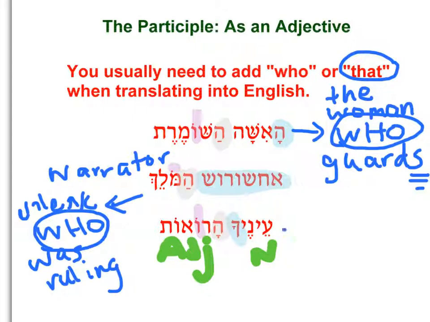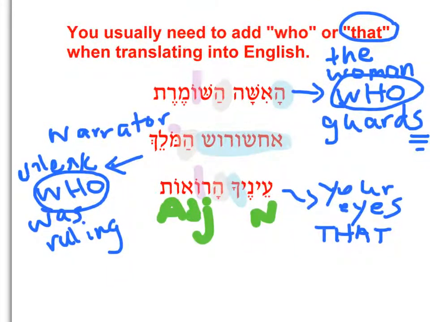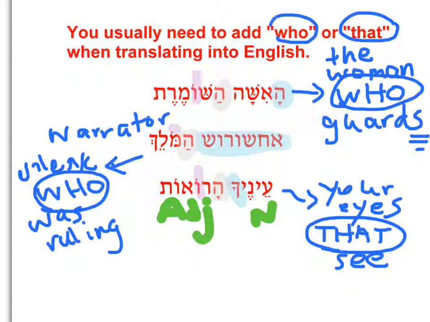So, einecha haro'ot would be your eyes that see, because eyes are inanimate objects. So notice that in all 3 cases, I had to add who or that when I was translating the participle functioning as an adjective into English.